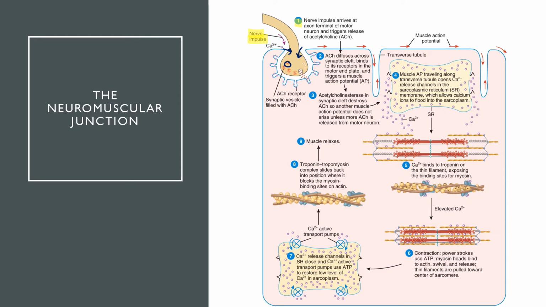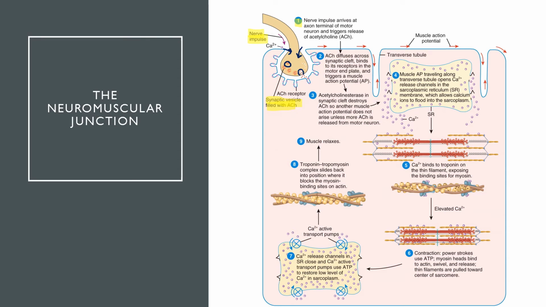Here we have these labeled synaptic vesicles filled with acetylcholine. Calcium is going to cause these synaptic vesicles to undergo exocytosis. So we can see this synaptic vesicle releasing its acetylcholine into the synaptic cleft area.